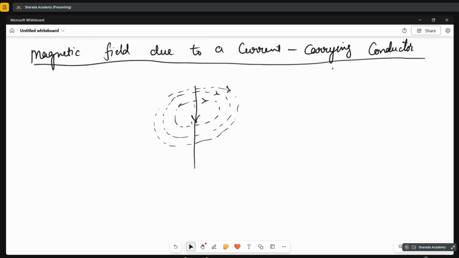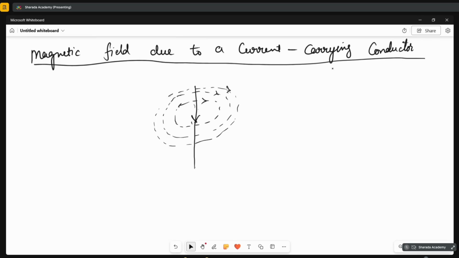Again, I repeat, due to a current carrying conductor, a magnetic field is always produced. It is directly proportional to the current through the conductor. That means if the current is increased, its magnetic field also increases.